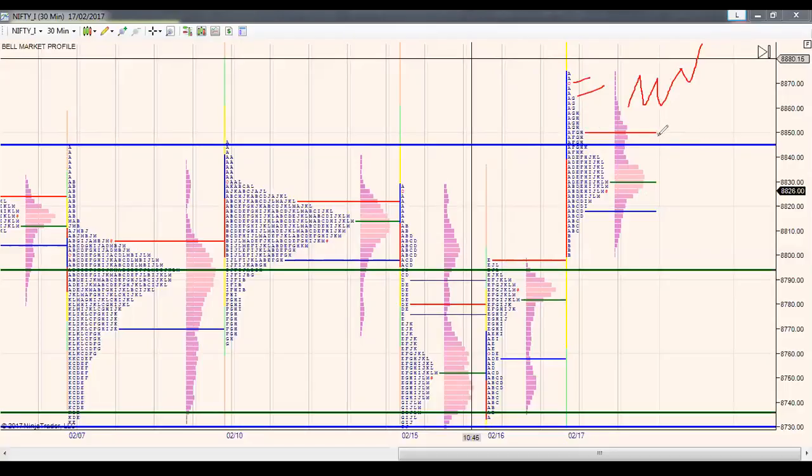One more thing that can happen is we just continue this balance, this whole balance. Tomorrow we open somewhere inside value and just continue this balance, repair these anomalies, and form an even nicer, tighter bell curve tomorrow, on Monday.